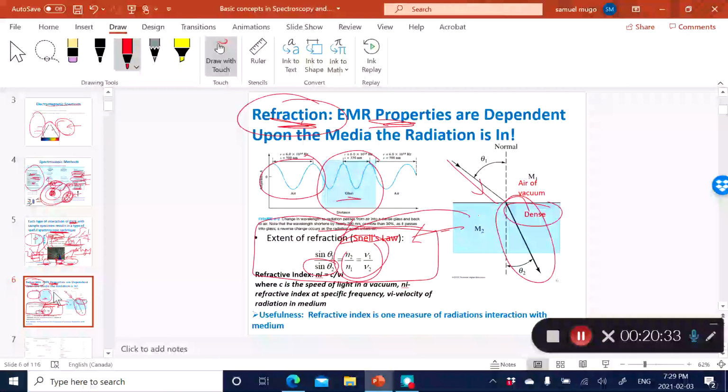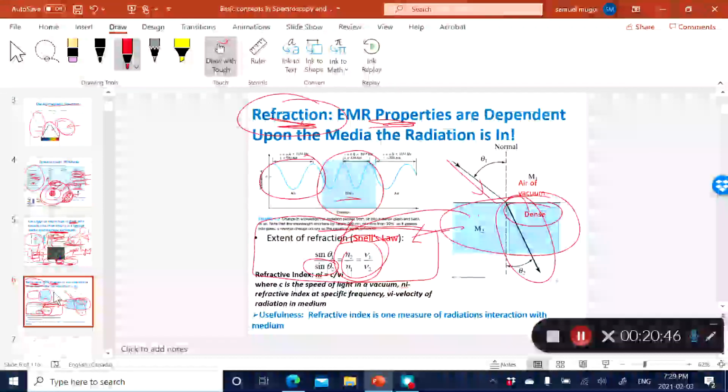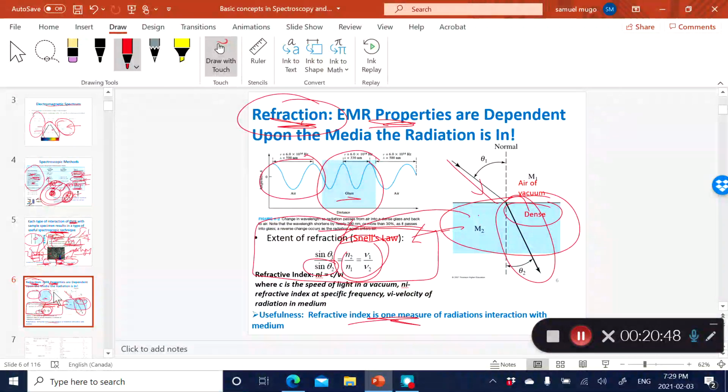And of course, the refractive index of air is known, and so you can determine the refractive index of the material that you're shining light through based on Snell's law. And so you can see the usefulness of refraction as a very important behavior of electromagnetic radiation.